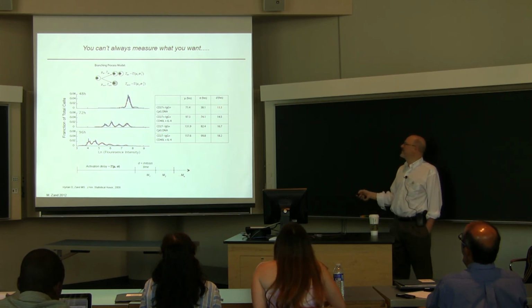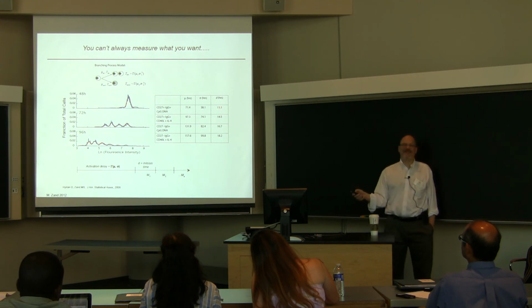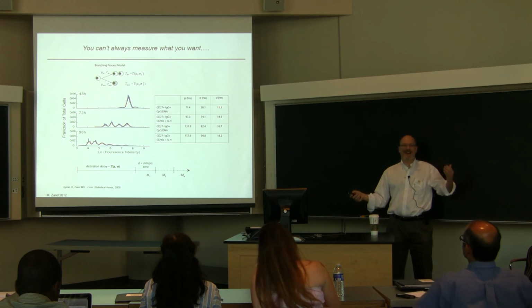We've got these CFSE experiments where you label cells with a dye, and every time they divide, the concentration of the dye in the cell decreases by 1/2. So you get this nice flow cytometry data. Okay? Is that a measurement of division time? Absolutely not.